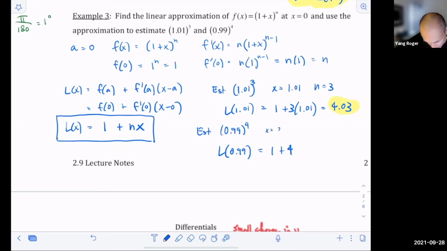X is equal to 0.99, n is equal to 4. So you just got to plug in those two numbers there. And when you do that, what are you going to get? 4 times 0.99 plus 1, 4.96. So each of these guys are our approximations.